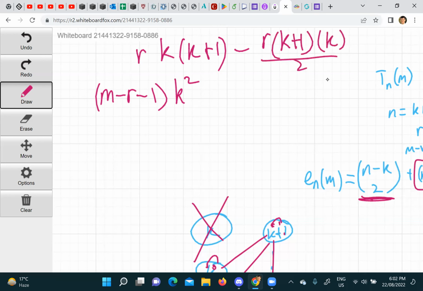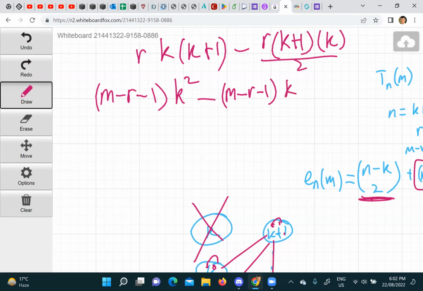Okay. And then what about the internal connections of the other k things? Well, there are m minus r minus 1 of those parts, and the internal connections is k choose 2, because there are k vertices and you want to connect every pair.